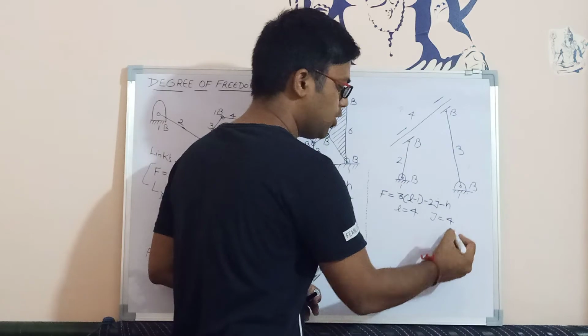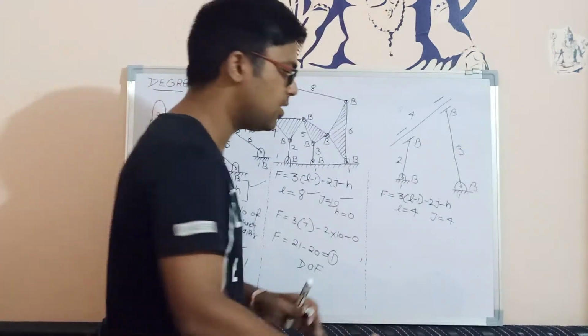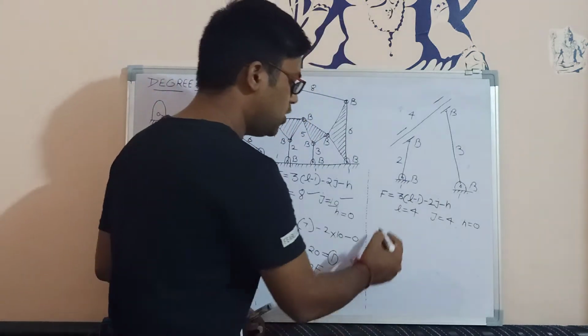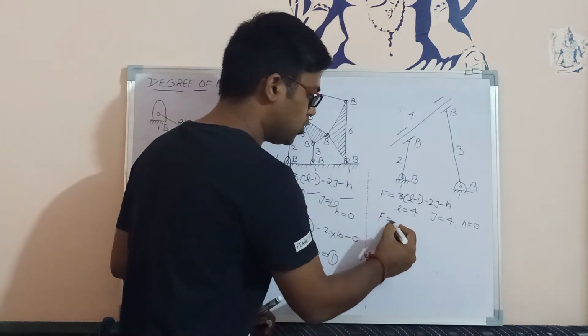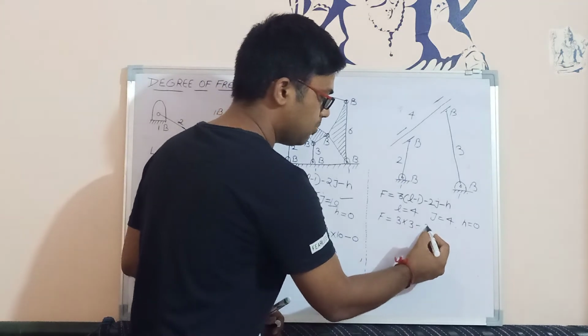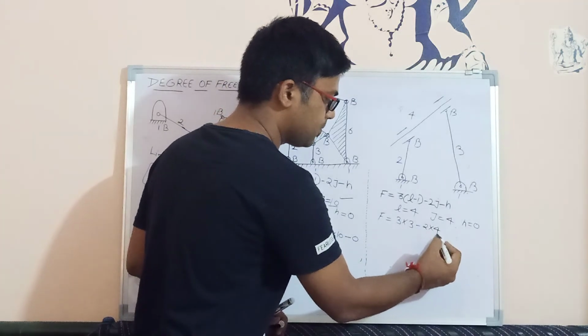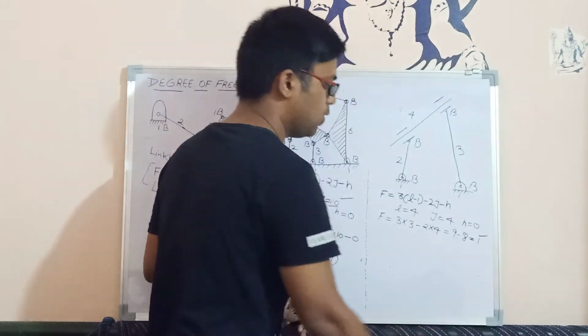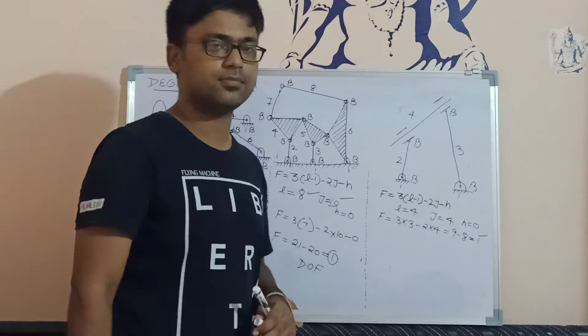So we are having 4 joints, easy. And how many higher pairs are there? It is 0. So if we find the value of degree of freedom, it basically comes out to be 3 into (L minus 1), that is 3, minus 2 into J, that is 4. So it is 9 minus 8, that is going to be 1 degree of freedom.